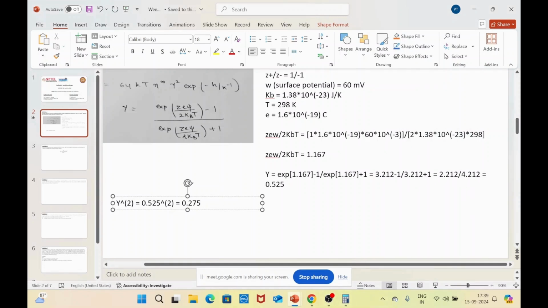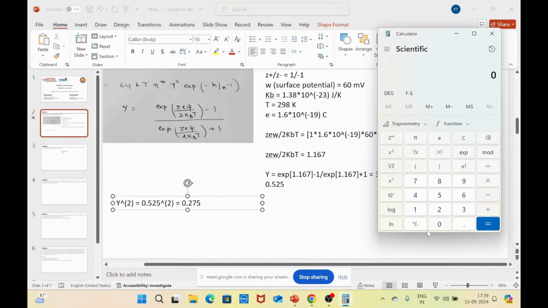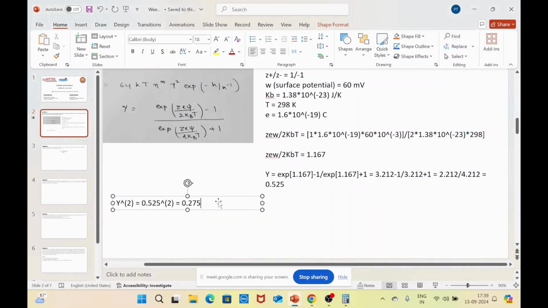So 0.525 square is 0.275625. Let me take it as 0.275. So you now have gamma square.